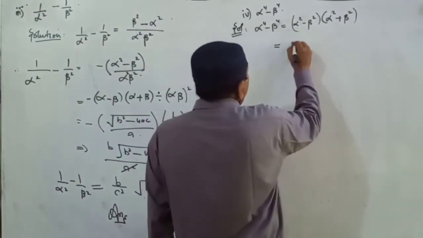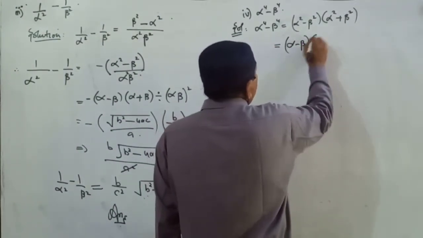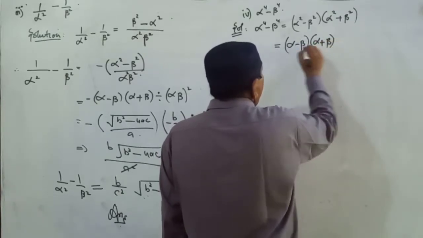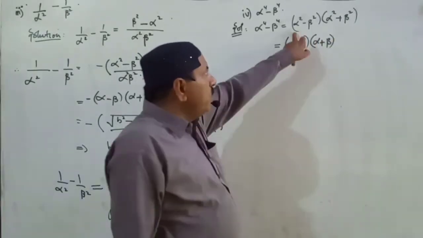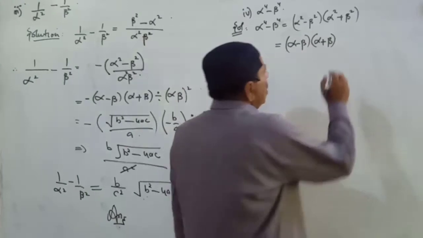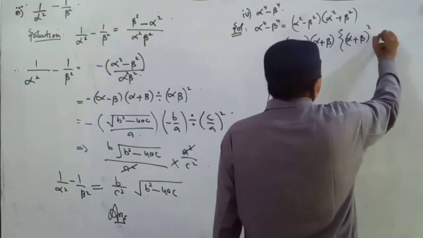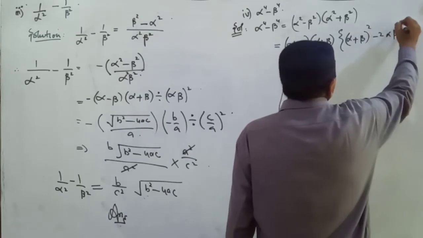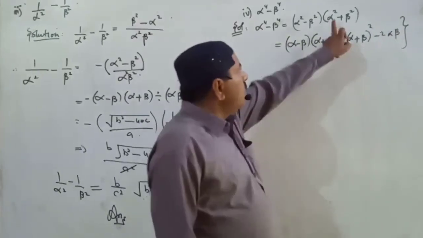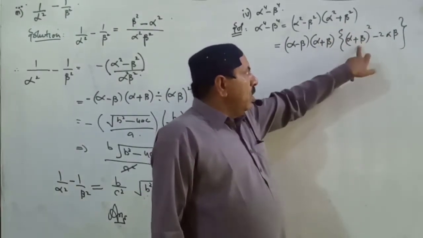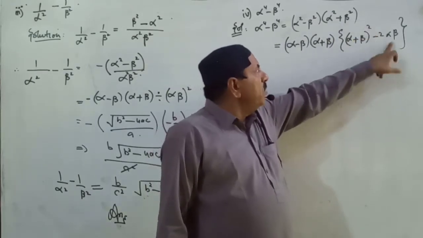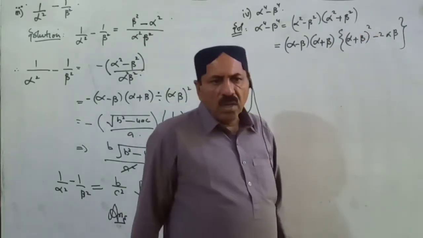This also will be alpha minus beta and alpha plus beta according to the difference of two squares, but alpha square plus beta square will be alpha plus beta whole square minus 2 alpha beta. Sum of roots whole square minus 2 alpha beta means alpha square plus beta square.